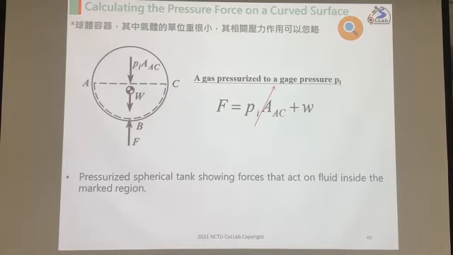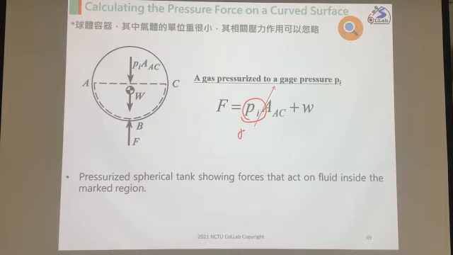Okay, if you have a spherical container, then you can always have some vapor pressure. But the vapor pressure is usually quite small, as we mentioned before, because the vapor pressure contributes a very small gamma value.